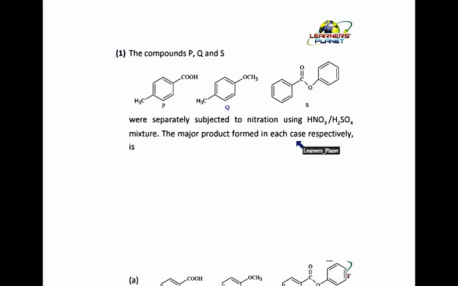So students, before looking at the options, just try to find out what type of reaction it is, whether it's an electrophilic substitution or a nucleophilic substitution. Now it is the benzene ring, so what type of substitution is going to take place here? It will be an electrophilic substitution reaction.